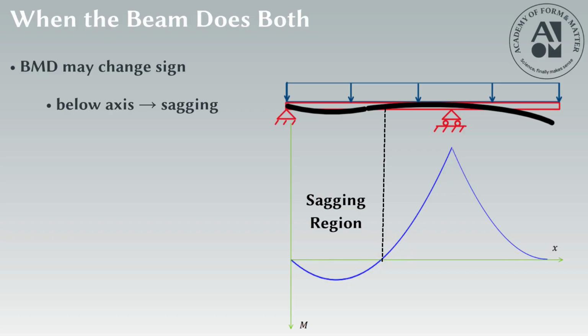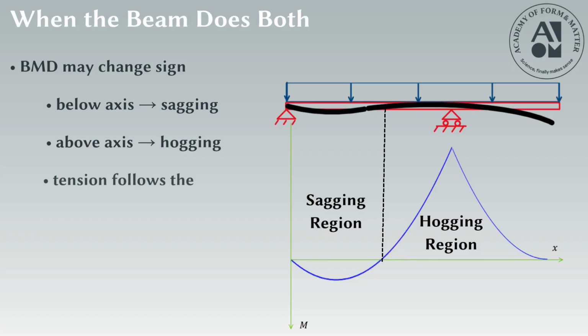Where the diagram lies above the axis, the beam tends to hog, and tension develops at the top. Notice that we are not trying to predict the exact deformed shape of the beam. Instead, the bending moment diagram helps us identify how each region of the beam wants to deform. And that is often the most important information for understanding a structure.